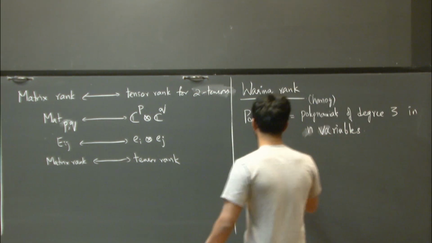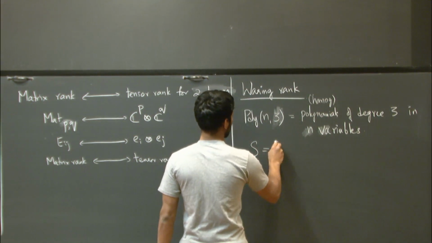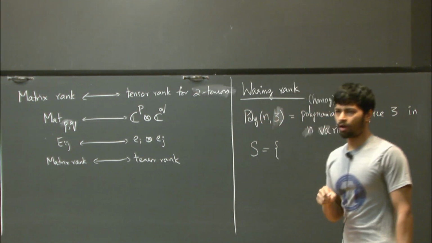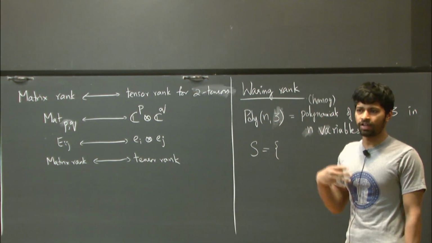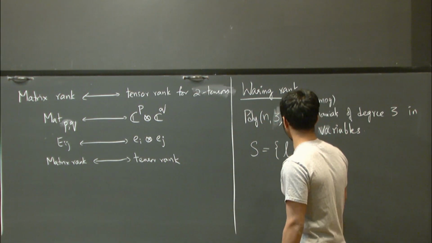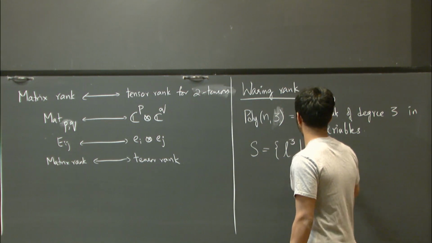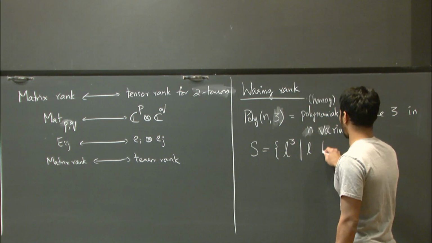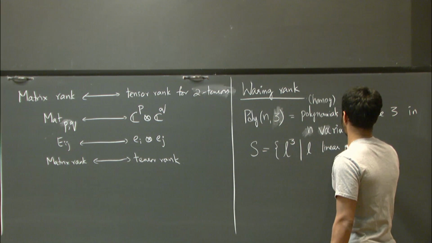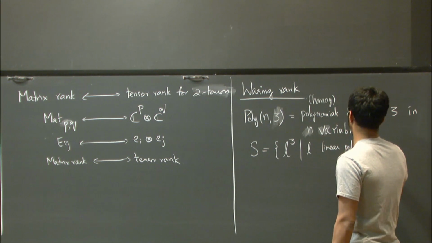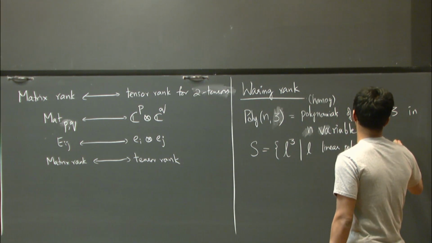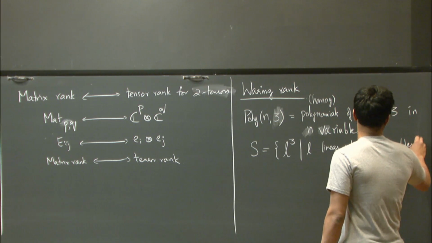Right? And inside here, I will call the set of simples all cubes of linear forms. So you take a linear form and you cube it. And when I say linear form, I mean a linear polynomial in n variables. Okay.